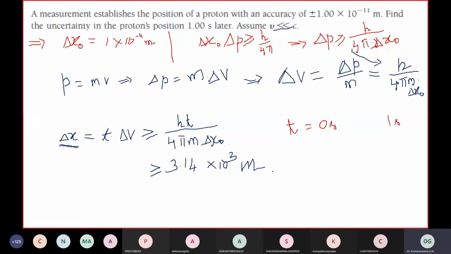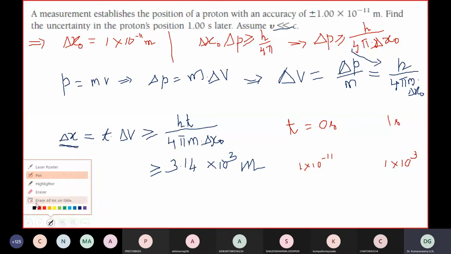Uncertainty in position is 1 into 10 to the power of minus 11. Here 1 into 10 to the power of 3. This is what we got here: delta x at 0, delta x at 1 second.